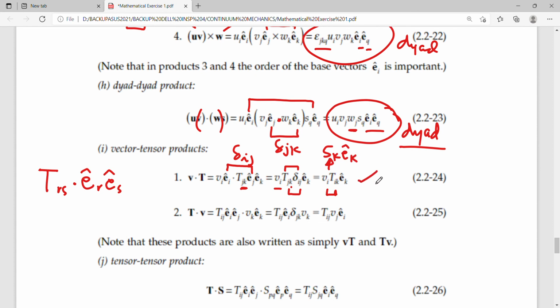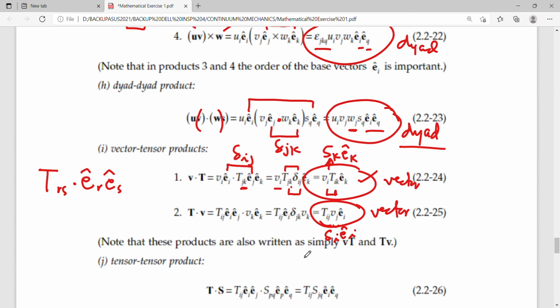The final answer here is like this, so we just leave it like this, and the resulting form of this is a vector. If you reverse the situation, you will get almost the same answer, but only the t_ij was written first, prior to the second term here. So this again can be replaced by an s_i e_i. Again, the resulting quantity is a vector.